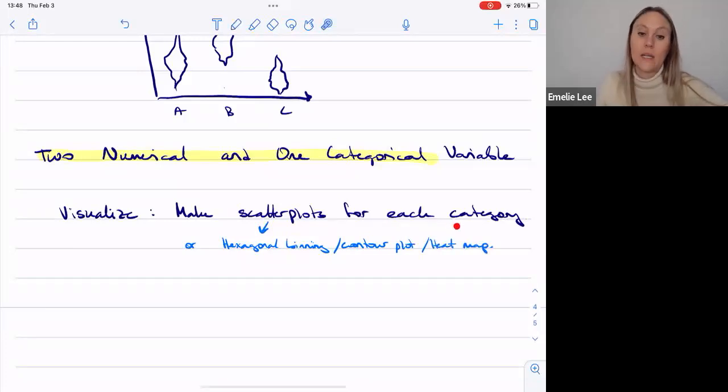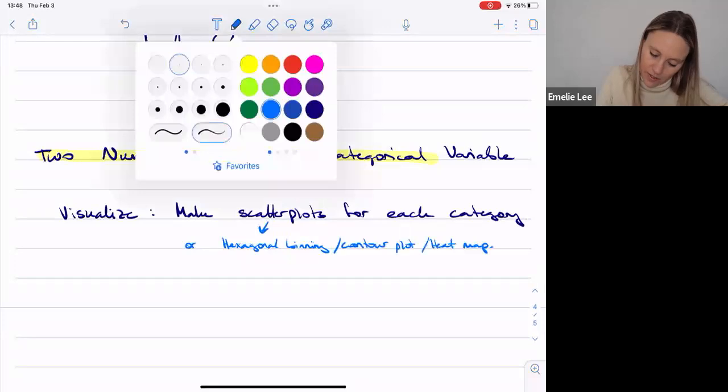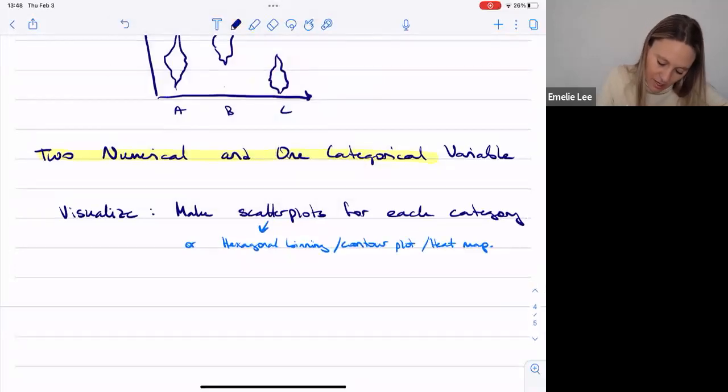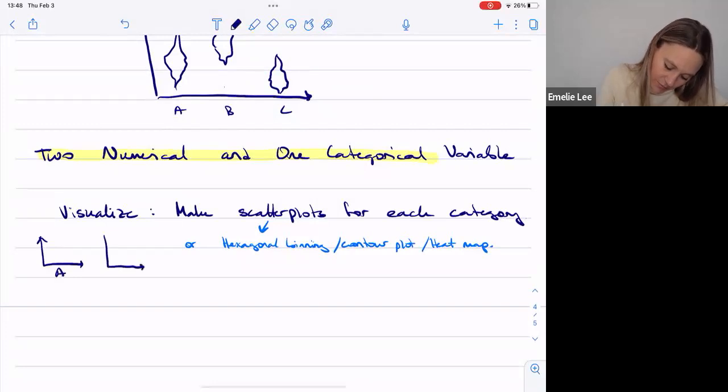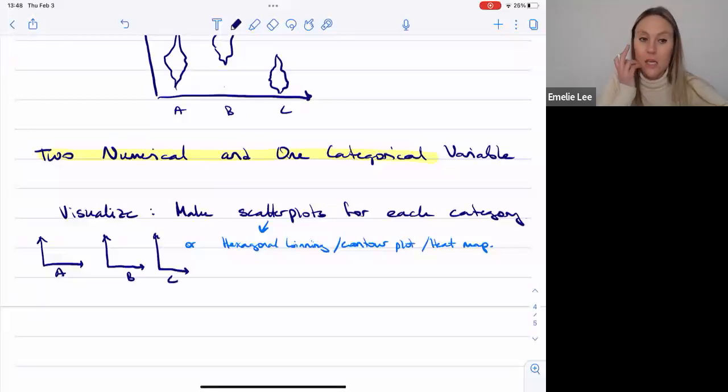But you would break it up by each category, right? And so just to keep it on this one page, because I know I'm all out of time, you would have kind of a scatter plot for category A, you would have a scatter plot for category B, and another one for category C. Right, so one scatter plot for each, and that's good.